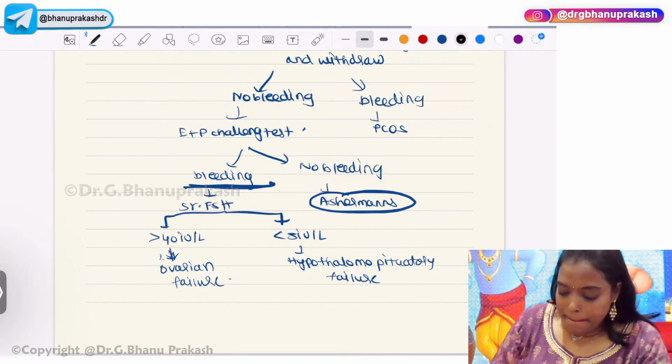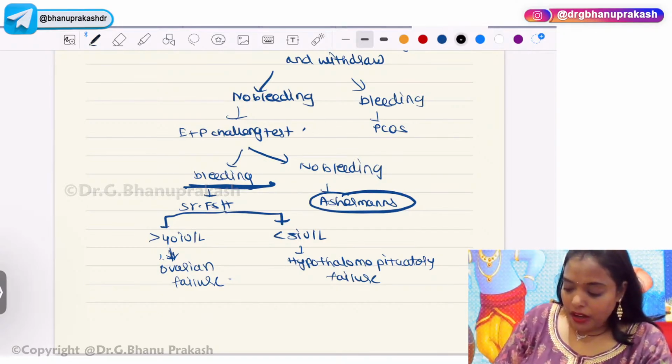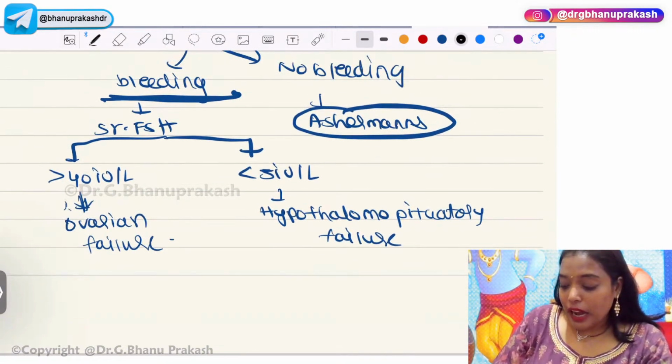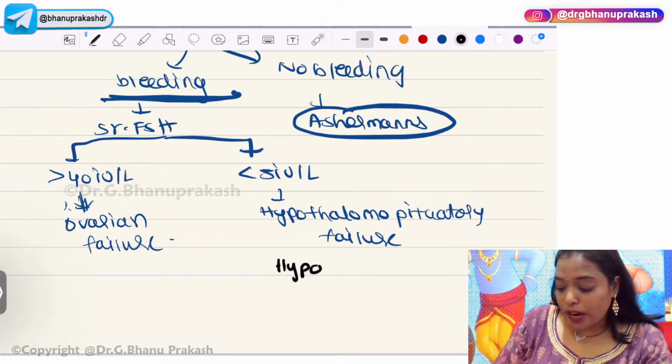Okay, now hypothalamo-pituitary failure can also be called hypogonadotrophic hypogonadism.